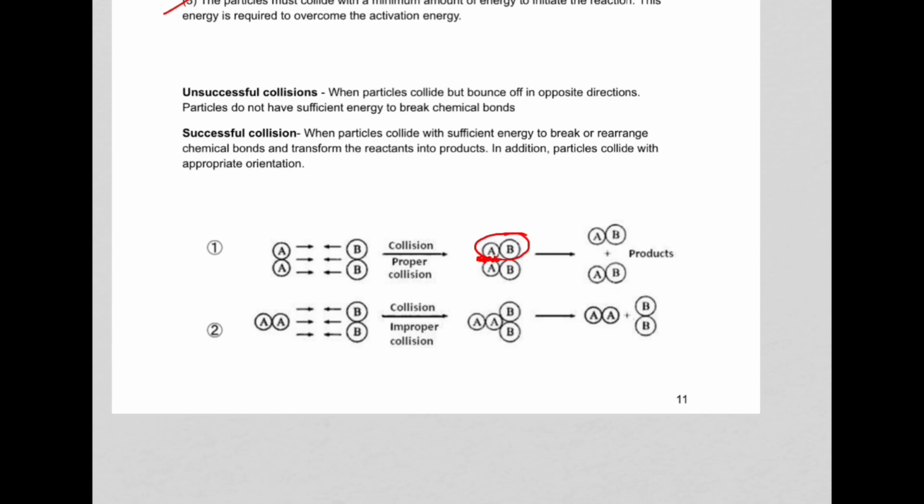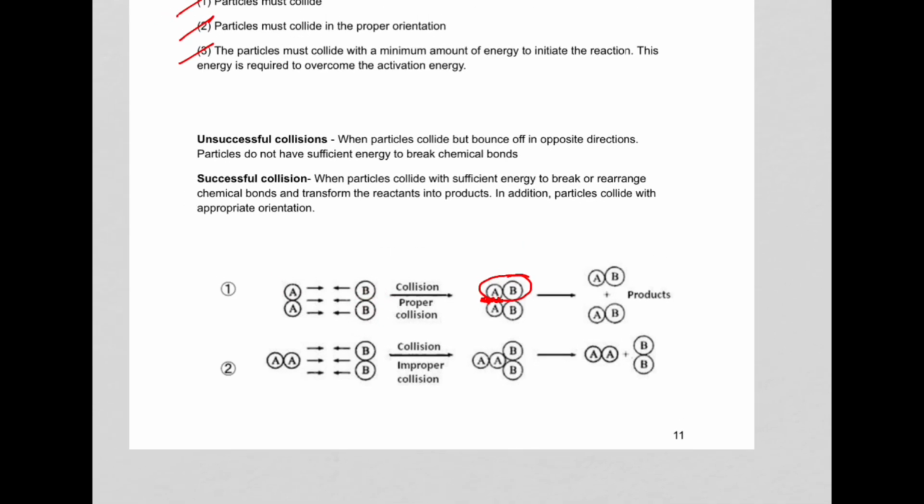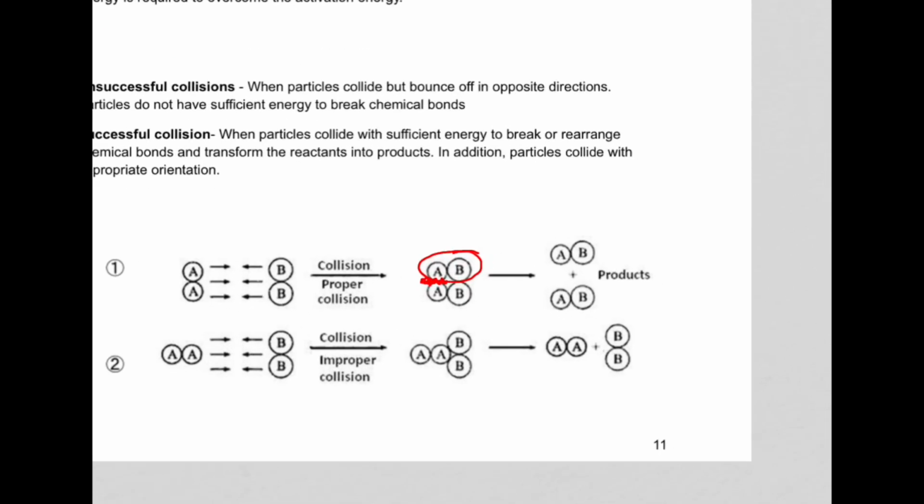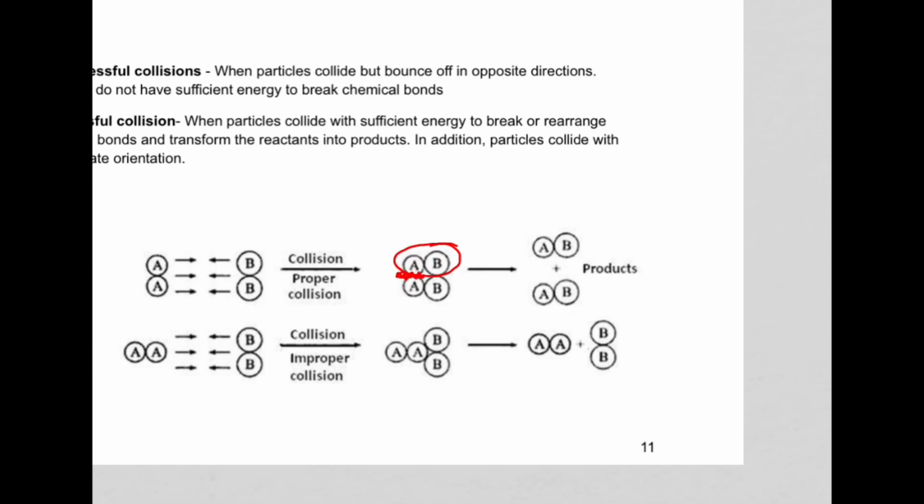And for this to happen, the molecules must come in contact, and they must come in contact in the proper orientation. So A and B must be aligned, and they need to have sufficient energy to break this bond over here. So A and A must break, and B must break for the reaction to actually occur.